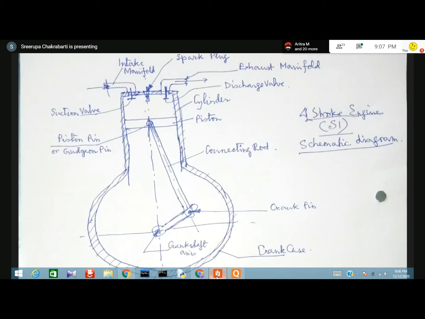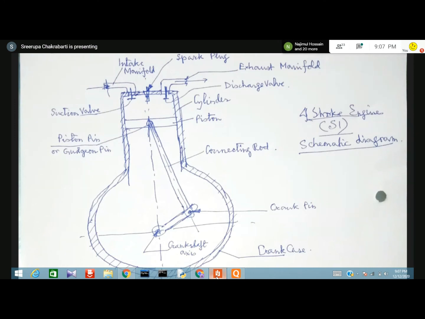It is a ratio between the volume when the compression starts divided by the volume when the compression ends. So the volume at the beginning of compression by volume of the gas at the end of compression, that is the compression ratio. And this compression ratio for a petrol engine is limited between 4 to 8, maximum 10.